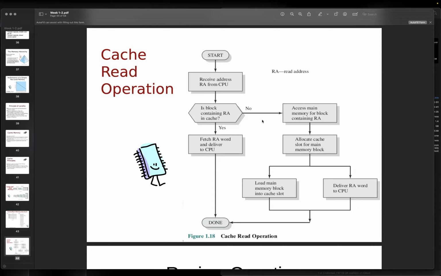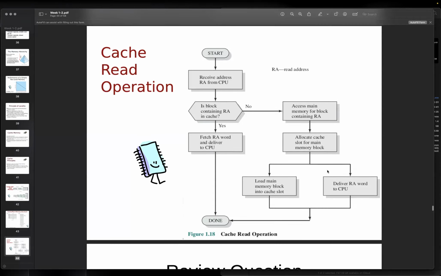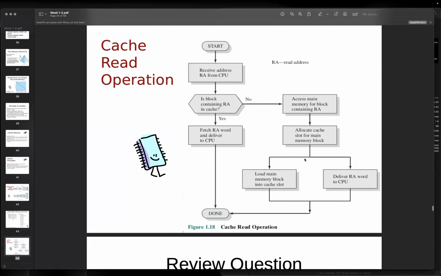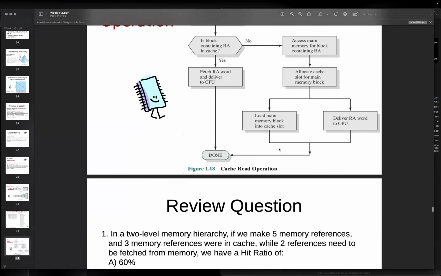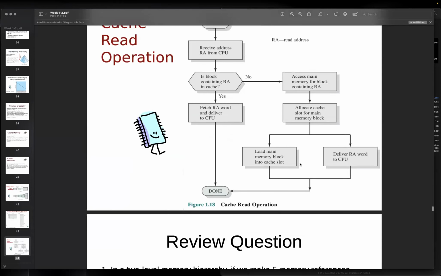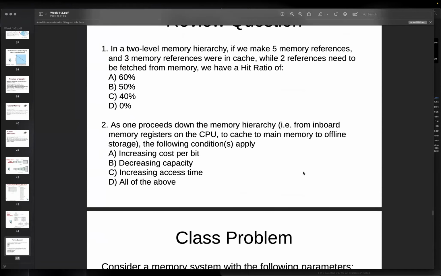If no, then we have to access the main memory for that block containing RA, and then we need to allocate a cache slot for the main memory block. And here you see that simultaneously there are 2 things going to execute: deliver the RA word to the CPU, and also load the main memory block into the cache slot. They are not waiting for each other; we do the copy and load at the same time.